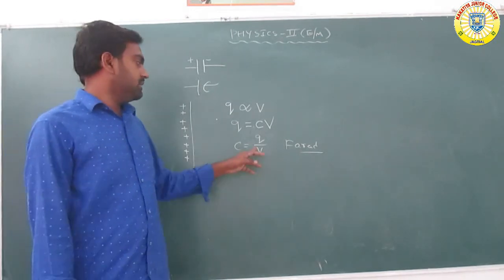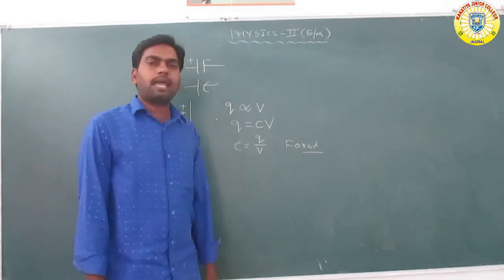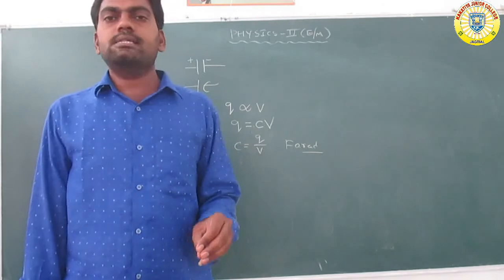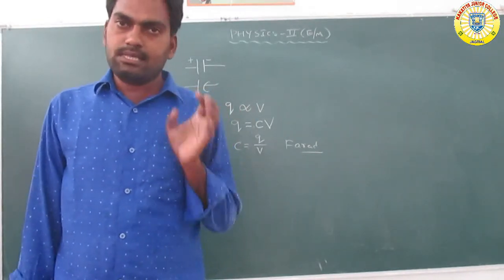So C is equal to Q by V is called the capacitance of the condenser or capacitor.